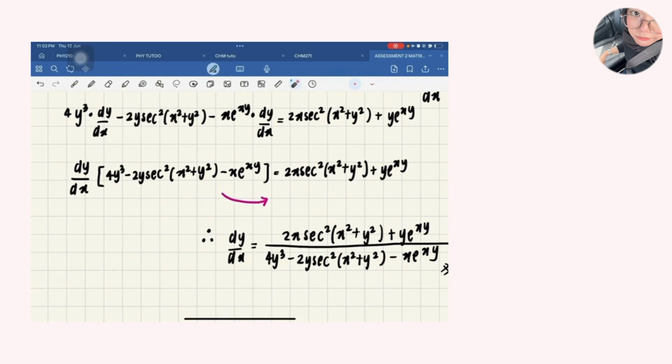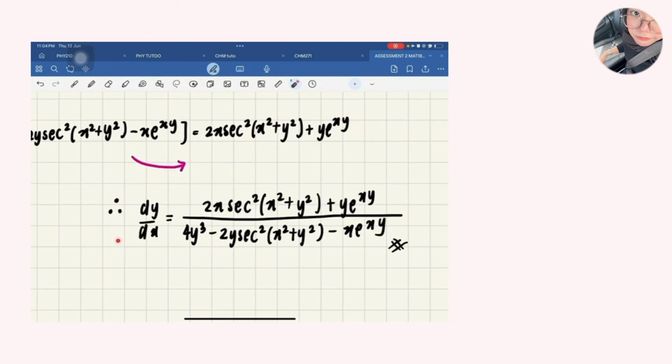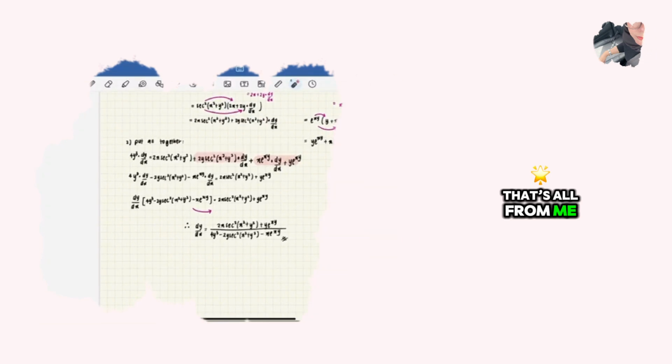Finally, we divide both sides by the expression in parentheses to isolate dy/dx by itself. So the final answer will become dy/dx equals 2x secant squared of x squared plus y squared plus y times e to the xy, over 4y cubed minus 2y secant squared of x squared plus y squared minus x times e to the xy. That's all from me. Thank you.